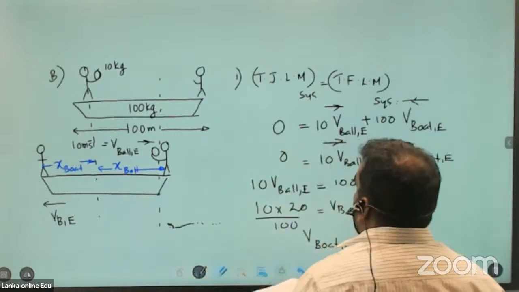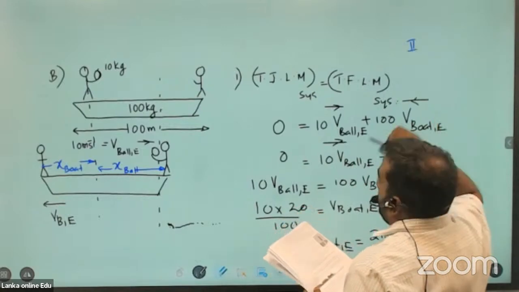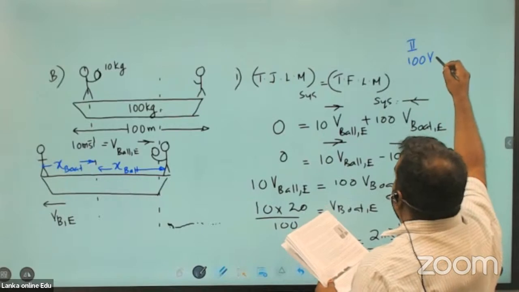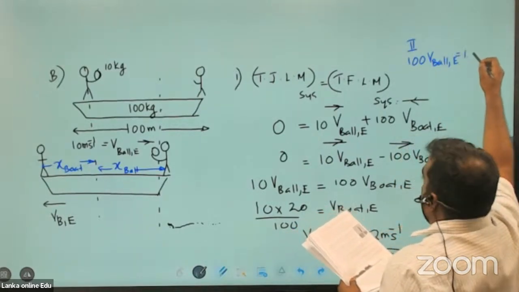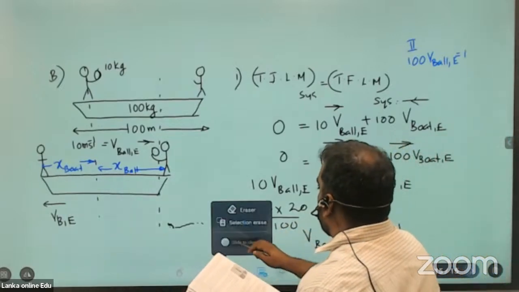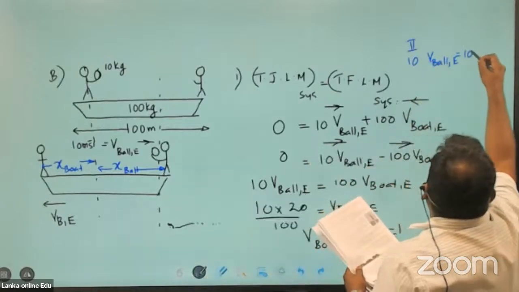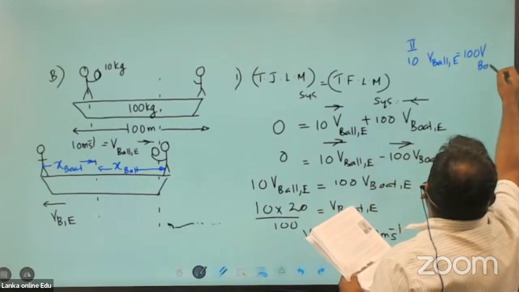So we can actually simplify this quickly. It's like this: 10 velocity of ball with respect to Earth, 100 velocity of boat with respect to Earth.